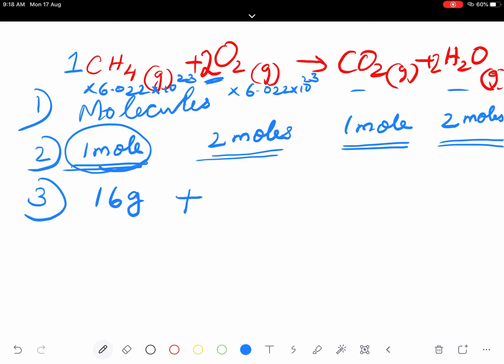So 2 moles means 64 grams. And what all things will we be getting? 1 mole of CO2, that means 44 grams of carbon dioxide, and 2 moles of water, that is 36 grams of water vapor or steam.